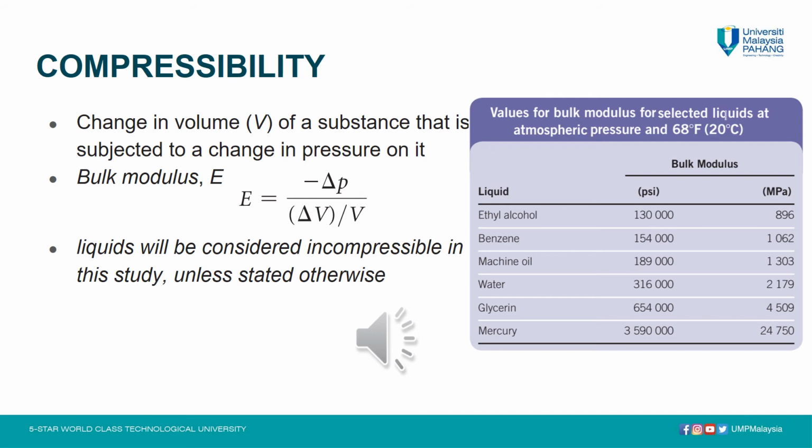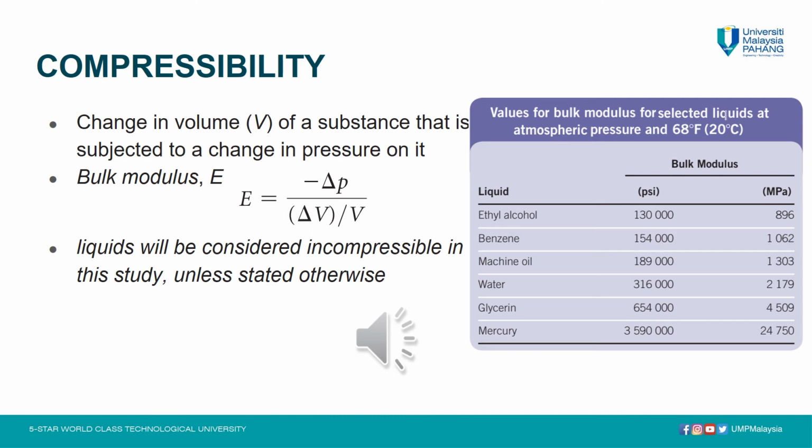As stated before, liquids are very slightly compressible, indicating that it will take a very large change in pressure to produce a small change in volume. Thus, the magnitudes of E for liquids, as shown in the table, are very high.